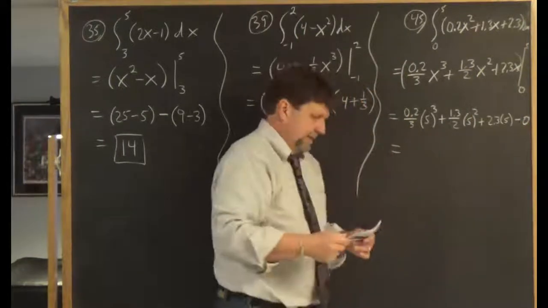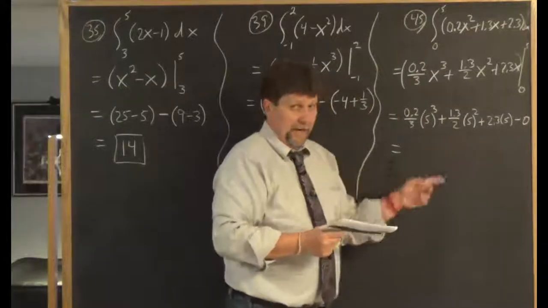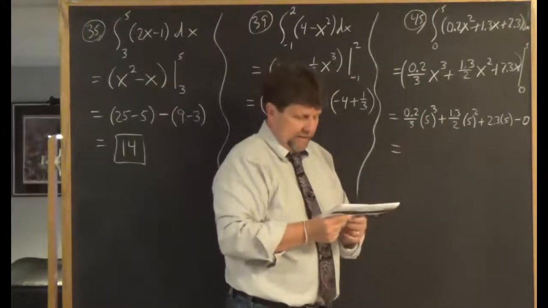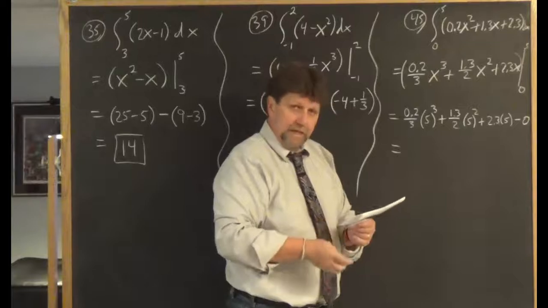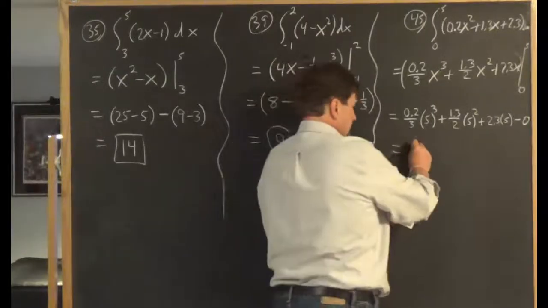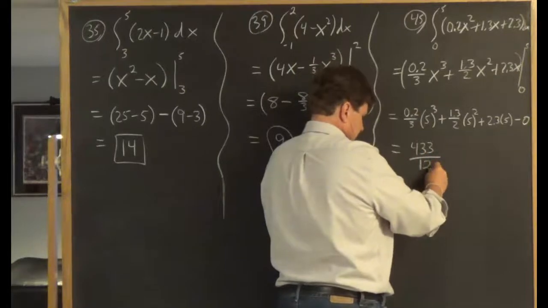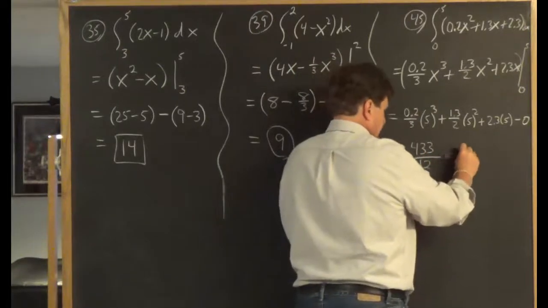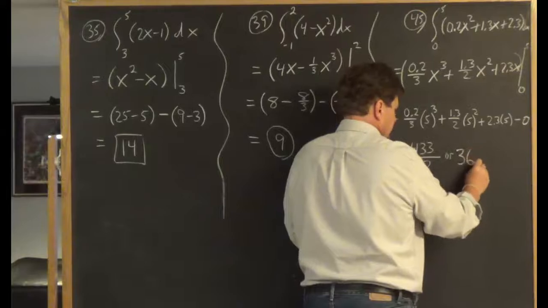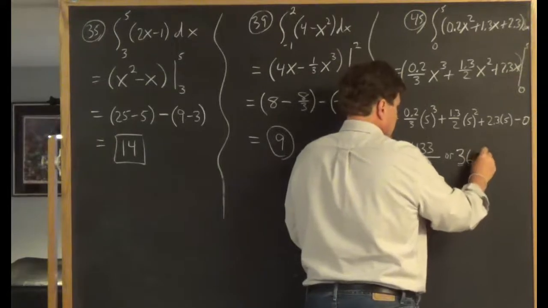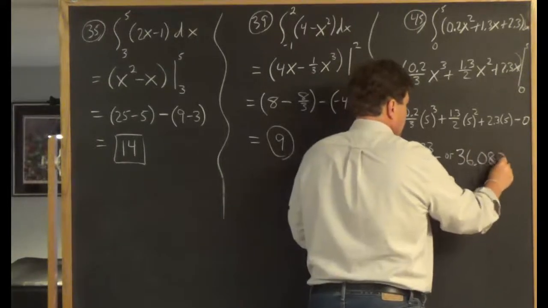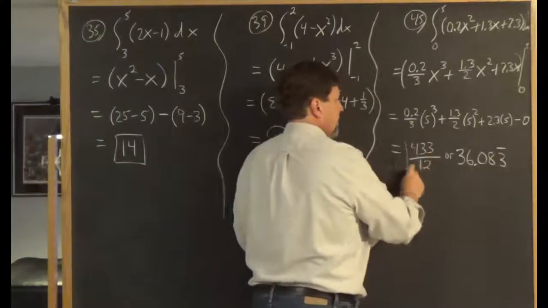So that's kind of nice. When I use my calculator, I end up getting 433 over 12. Or as a decimal, 36.083, and the 3's are repeating.